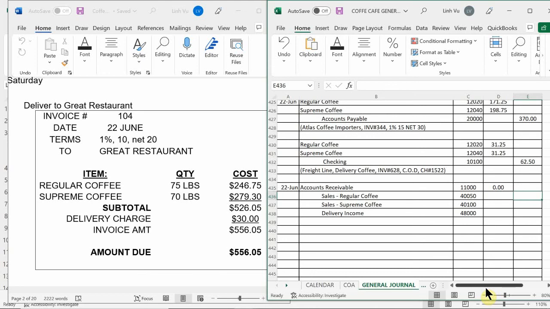So the regular coffee is 246.75, and the Supreme coffee is 279.30, and the delivery income is $30. Total for $556.05. Right. Good.